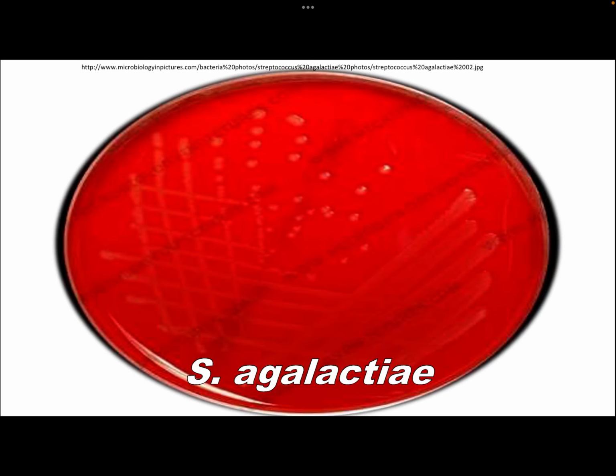But sheep's blood could give you the type of hemolysis, and you can easily differentiate the types of hemolysis. Although sheep's blood is more expensive, it is a lot more reliable if you are comparing the hemolysis of the colonies of the microorganisms.